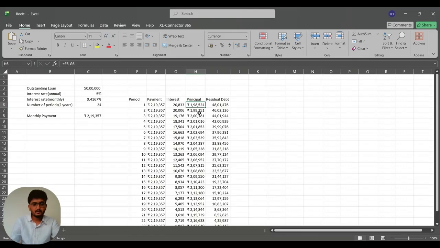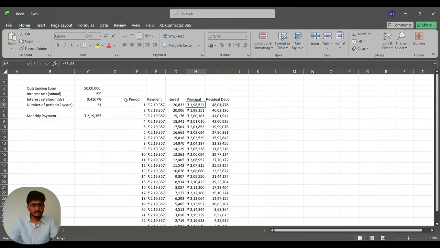Subtracting this principal from the outstanding loan of 50 lakh, the remaining loan amount is 48,01,476 rupees. Like that we are going to calculate all 24 months.